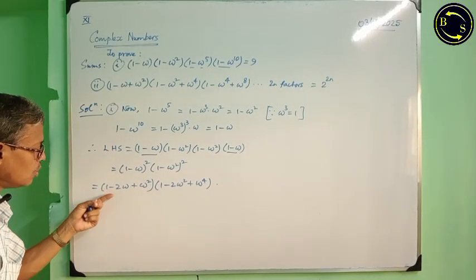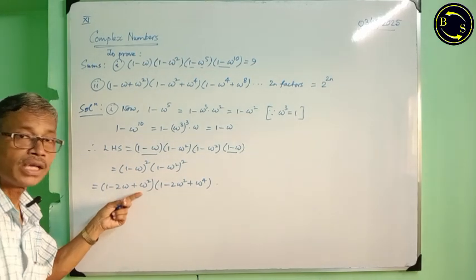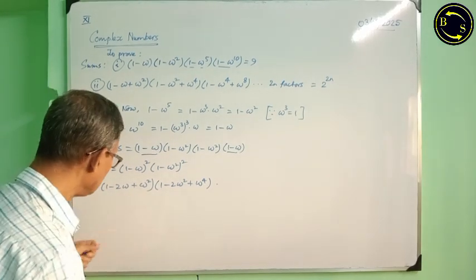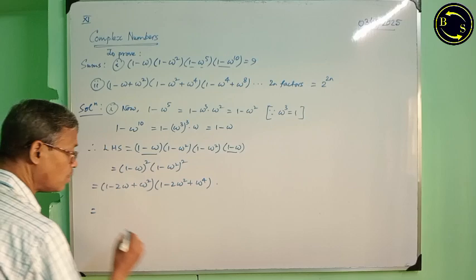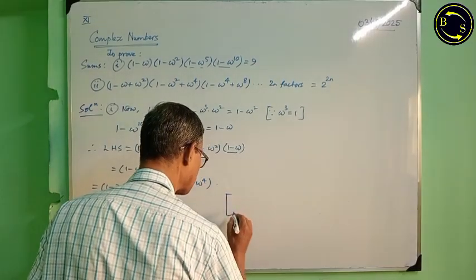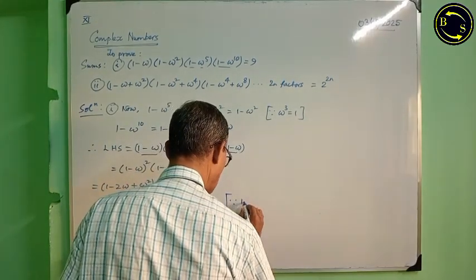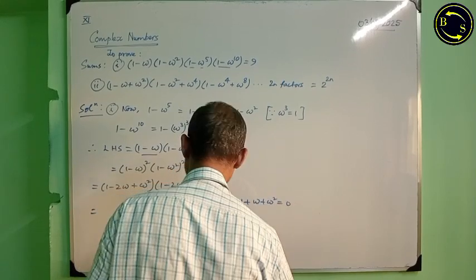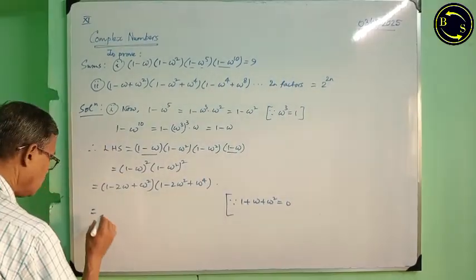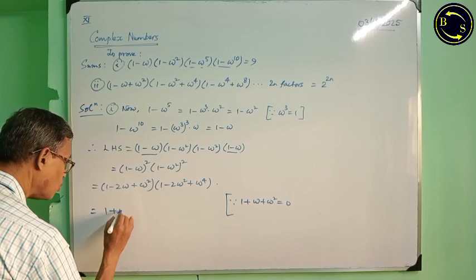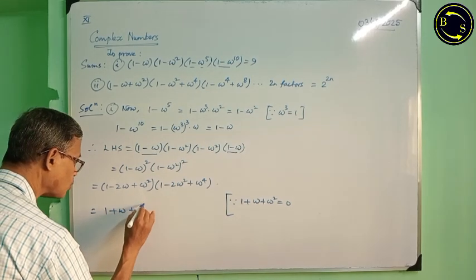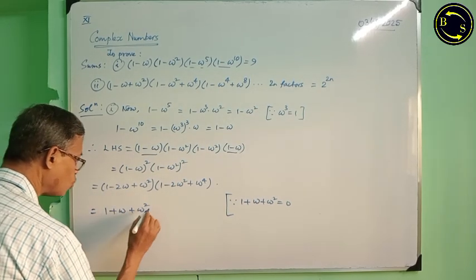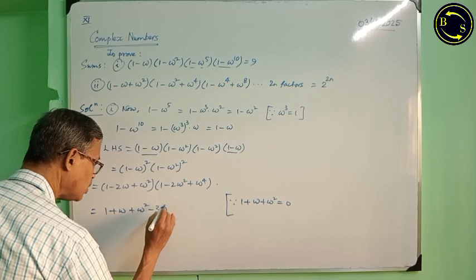Now, we use 1 plus omega square equal to 0. Here I mention that first, since 1 plus omega square equal to 0, 1 plus omega square, there is minus 2 omega, therefore minus 3 omega.